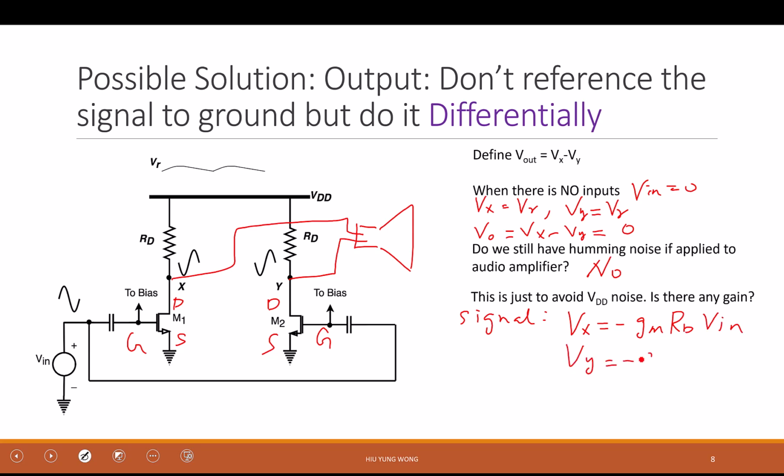Vy is negative Gm Rd, also Vin, because the same Vin goes to the two inputs, right? As a result, Vout divided by Vin equals Vx minus Vy divided by Vin, and you see that that is 0 divided by Vin. So there's no gain, right? So this is useless. Can you think of a method to solve this problem?